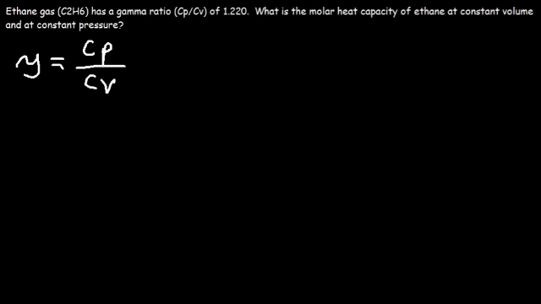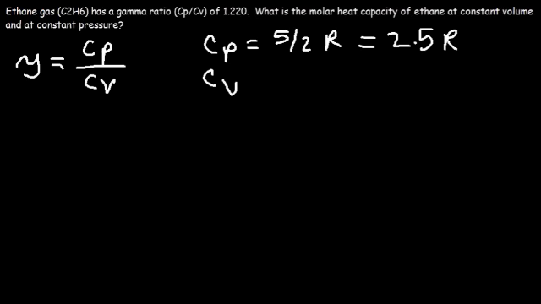It's the ratio of these two different molar heat capacities. And we know that Cp is equal to 5 over 2R. That's basically the same as 2.5R. And Cv is 3 over 2R for monatomic gas. That's 1.5R.